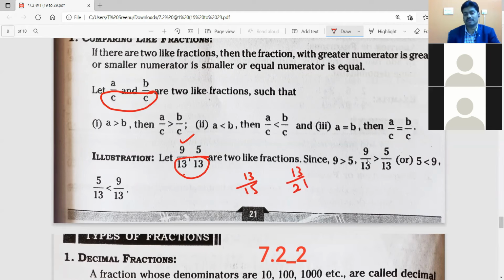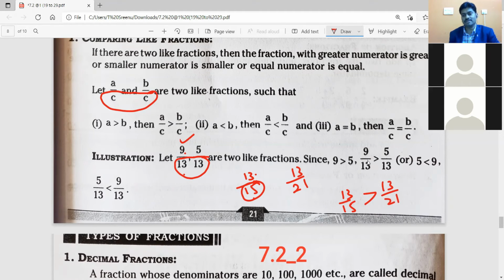Denominators are same: big numerator is the big fraction. But if numerators are same, small denominator is the big fraction. Small denominator 15, so 13 by 15 is bigger. You understand the difference?